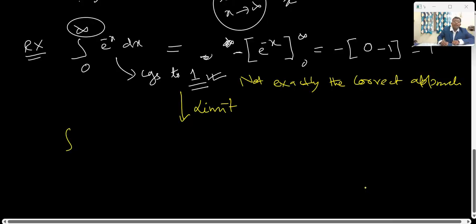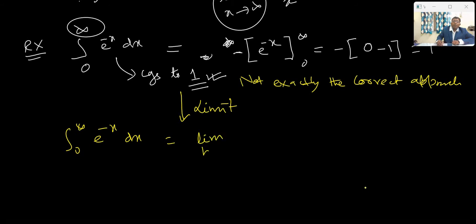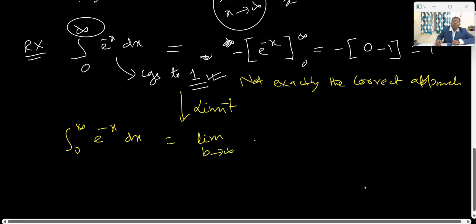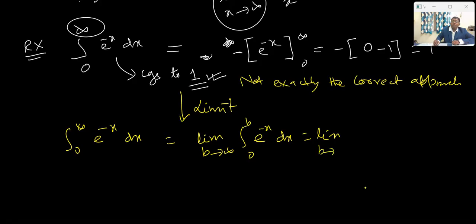So we write the integral from 0 to infinity of e to the power minus x dx equal to the limit as b tends to infinity of the integral from 0 to b of e to the power minus x dx. Then it is the limit as b tends to infinity of minus e to the power minus x from 0 to b.